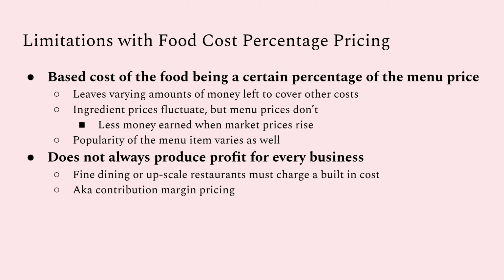We are going to have less money to work with that item. Also, because ingredient prices are fluctuating, but we're not printing menus every single day to match those prices, that would not make customers happy. We do have to have some consistency. So, we do at times, because of market prices, end up earning less money when the prices change.